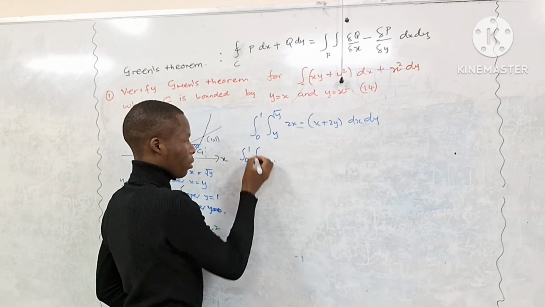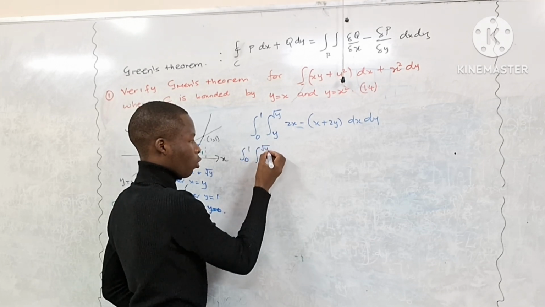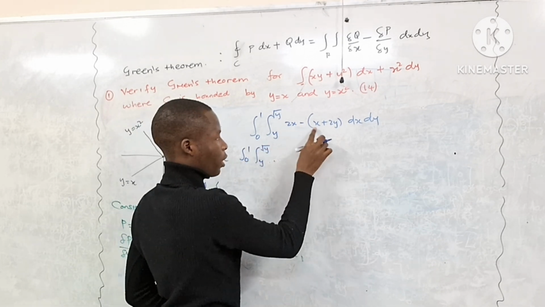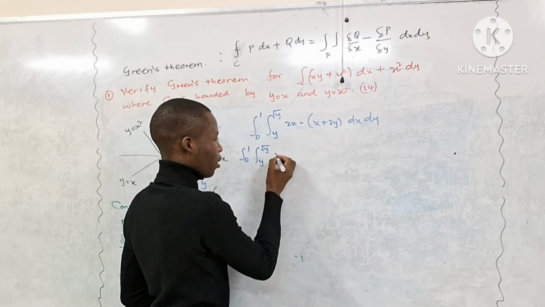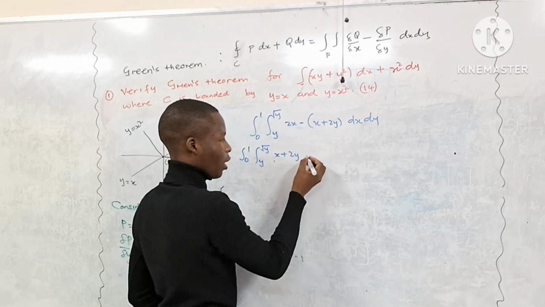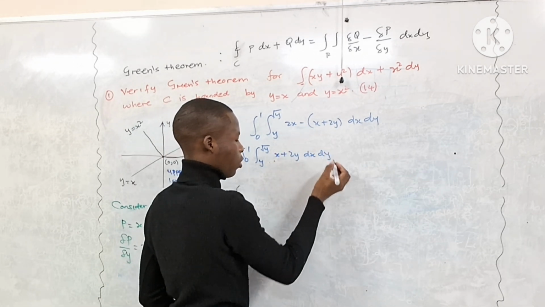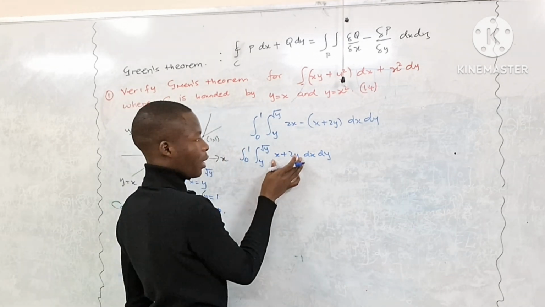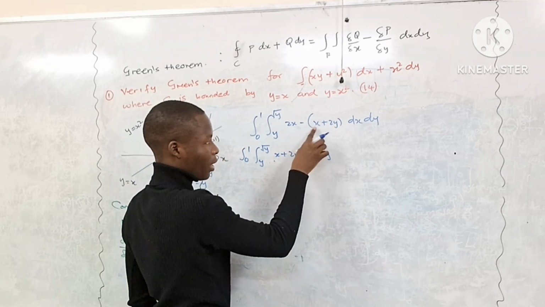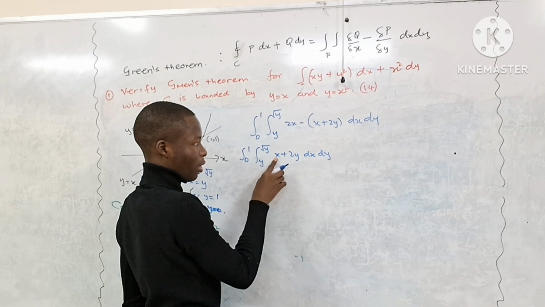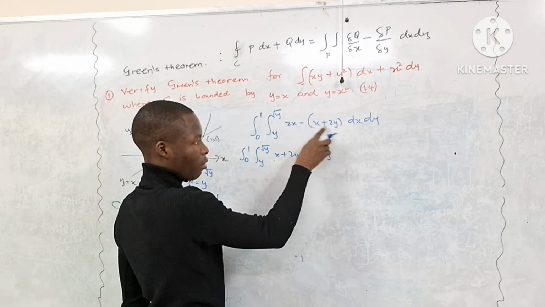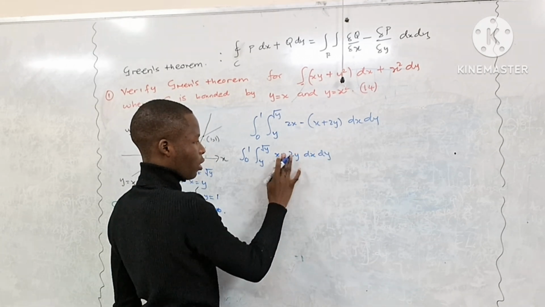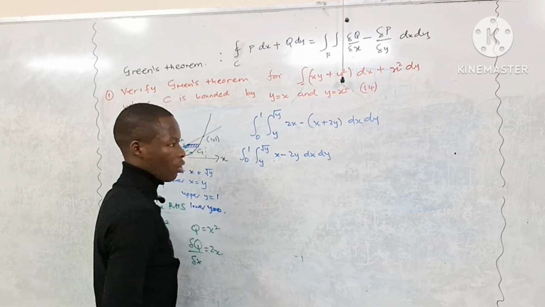Integral from 0 up to 1, from y up to root y, of 2x subtract x plus 2y dx dy. So we are going to integrate 2x subtract x. The answer is x. The negative is affecting this again, so this becomes negative 2y.